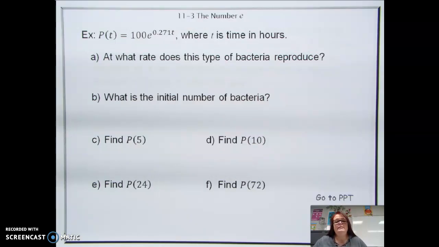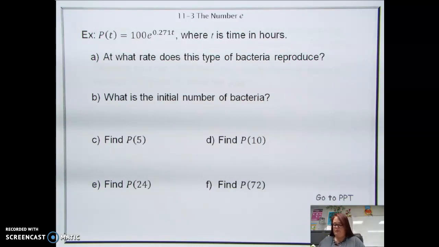So if we take a look at this example, it's saying that t is time in hours. And it says, at what rate does this type of bacteria reproduce? So take a moment to look at the problem and figure out what would represent the rate of growth or decay, or in this case with reproduction, that would be growth.